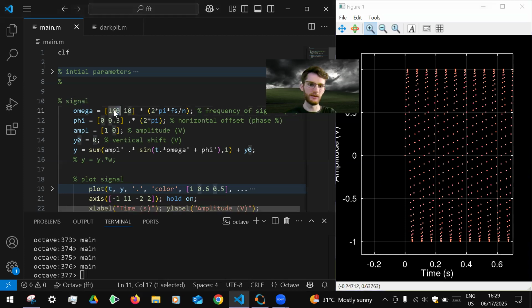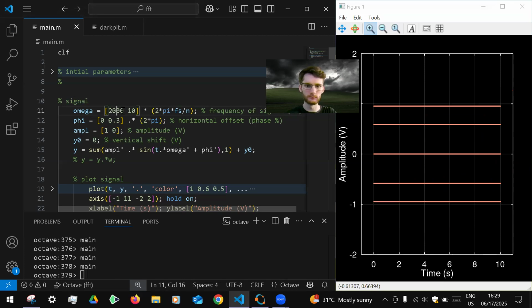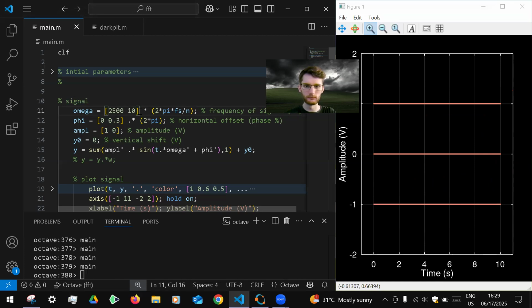So let me just make this ridiculously large. Now it's starting to look really strange. How about even larger? So you see there's some limitations to having a particular sampling frequency.